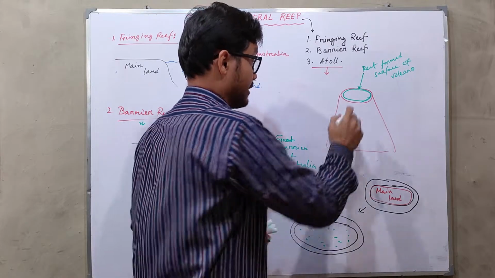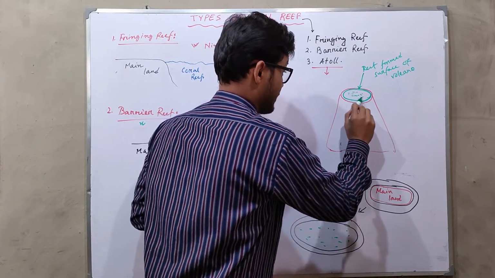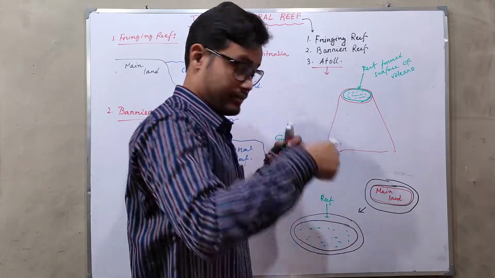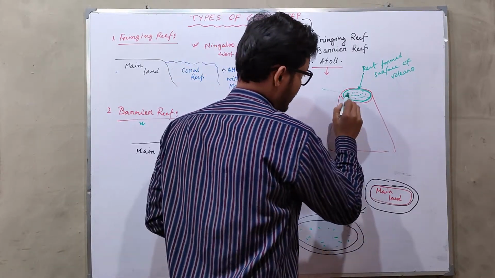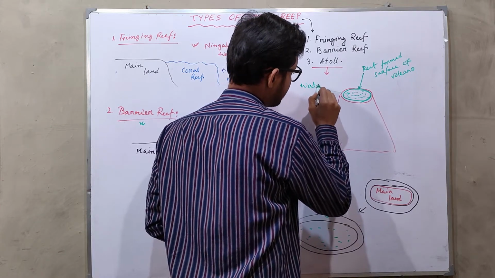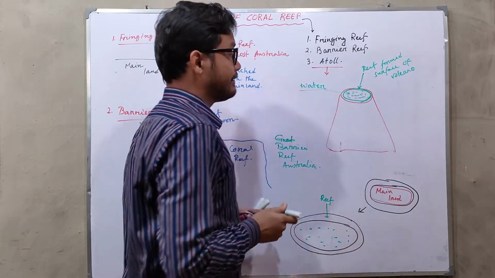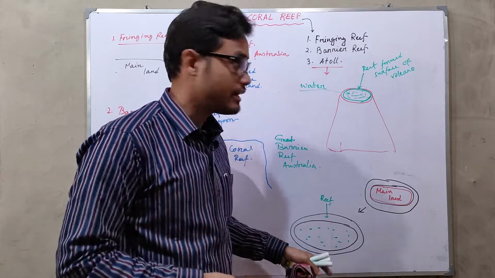We observe a hollow space inside the reef, and this hollow space is filled with water. These kinds of reefs are known as atolls.